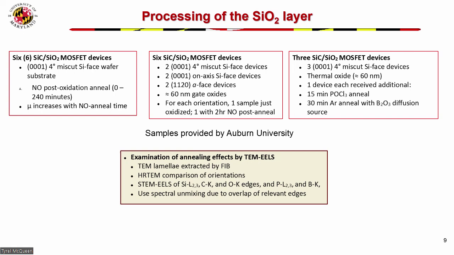So what we do at Maryland is we make TEM samples, and we use the focused ion beam/SEM to extract the TEM lamella, and then we do high resolution TEM, and of course scanning TEM with electron energy loss, looking at the silicon L2-3, the carbon K, oxygen K, and for the samples that had the phosphorus or boron annealing, we also look at the phosphorus L2-3, and for the boron samples, the boron K edges.